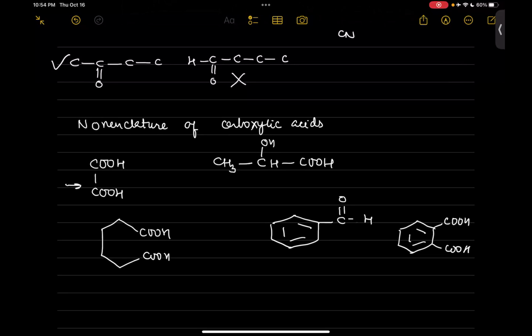Tell me which is this carboxylic acid, the first one? Oxalic acid. Yeah, oxalic acid. Absolutely correct. And what is the IUPAC name of this oxalic acid?